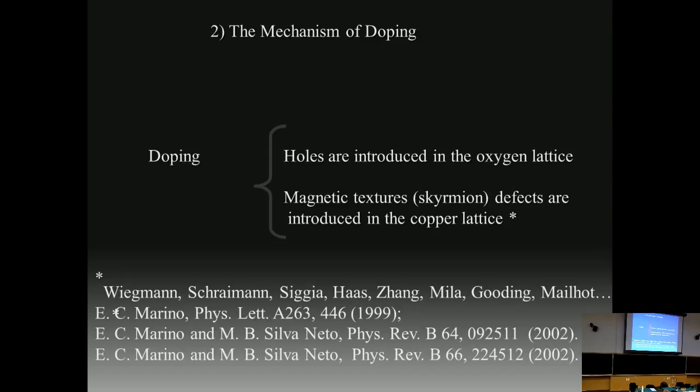And at the same time, you can show that magnetic textures, skyrmion defects, are introduced in the copper lattice. These are old ideas put forward by many people and explored in detail in these 3 papers that we wrote.